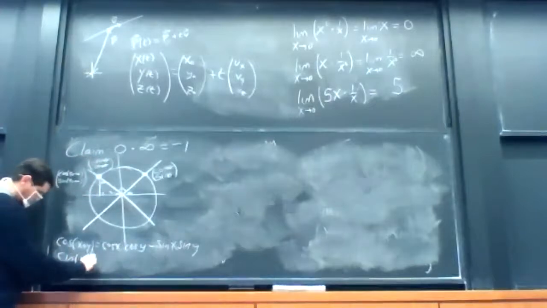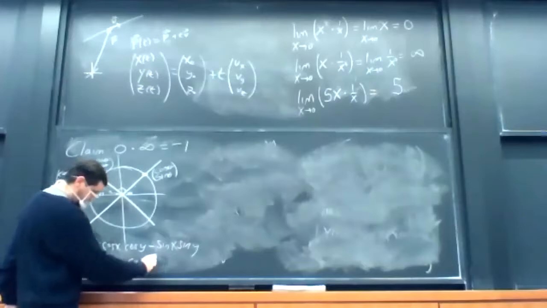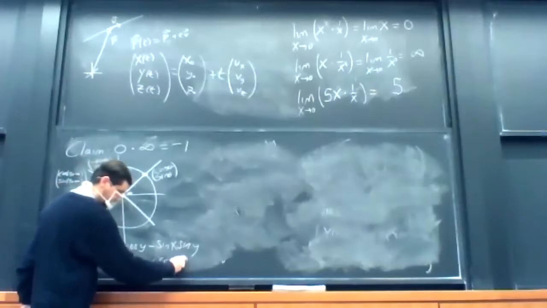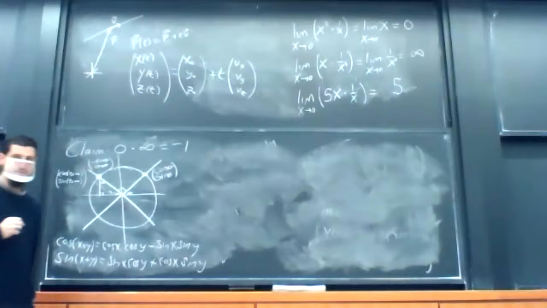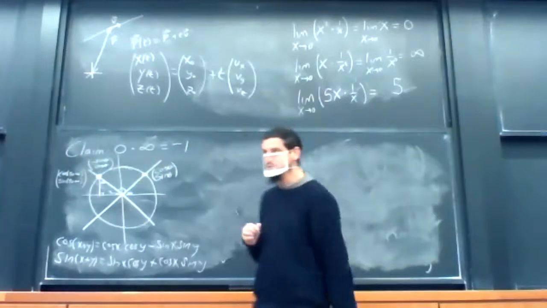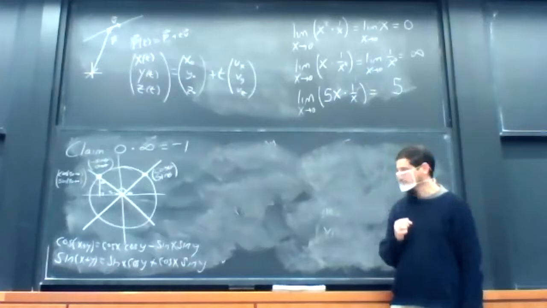Sine of x plus y is sine x cosine y plus cosine x sine y. If you're looking for things to memorize, these are two really good identities to know. And later we'll show how to divide them quickly.